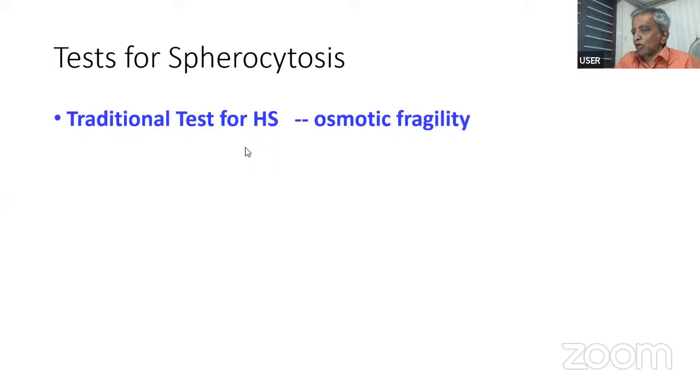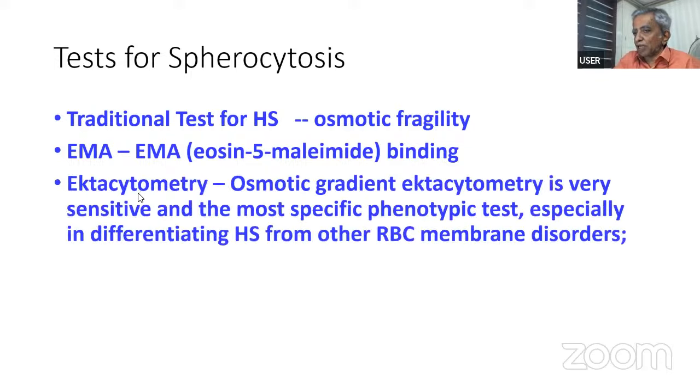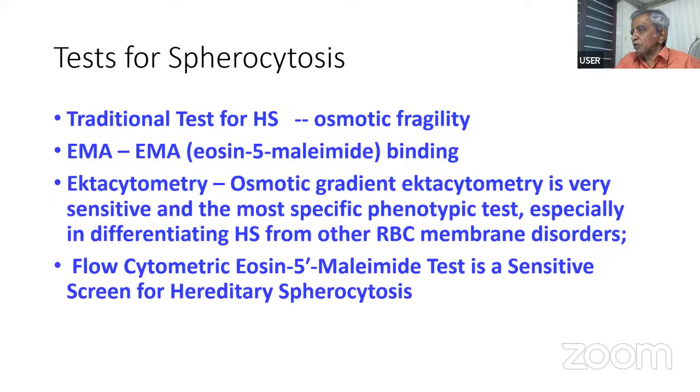Traditional test for hemolysis: osmotic fragility; EMA test, eosin 5-maleimide binding using flow cytometry. Then I told you about ektacytometry. This is osmotic gradient ektacytometry. Osmotic gradient ektacytometry is a very sensitive and more specific phenotypic test, especially in differentiating hereditary spherocytosis from other RBC membrane defects.